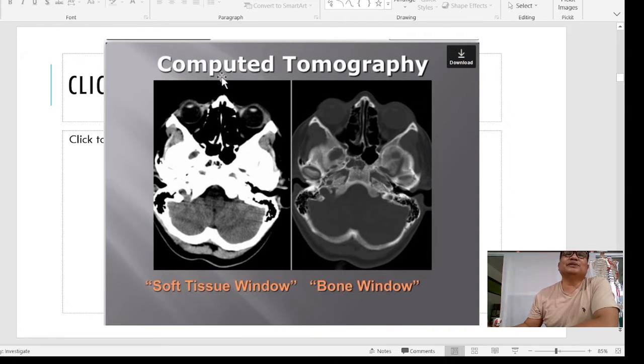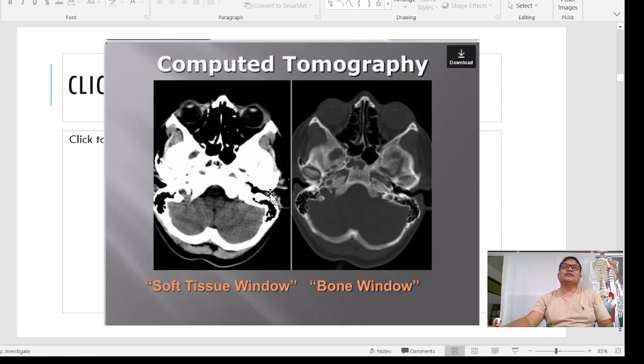So let's take for example, we have here the soft tissue window. Here we can see the classic, no? This is your cerebrum, no, cerebellum rather. Here we can see soft tissue because there is other soft tissue involved if we cut the section at the level of our ears.